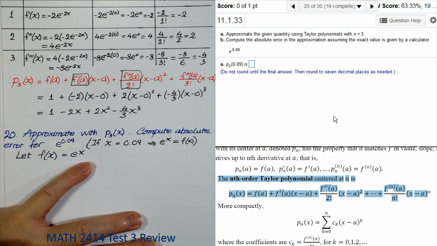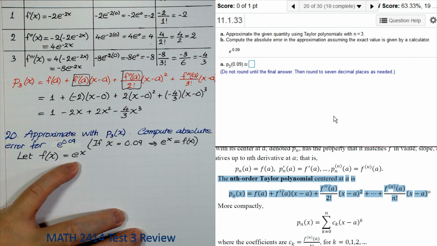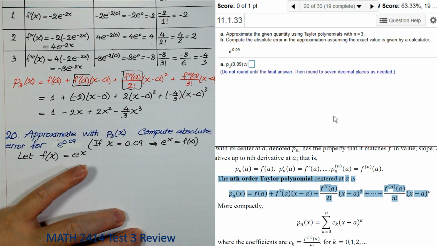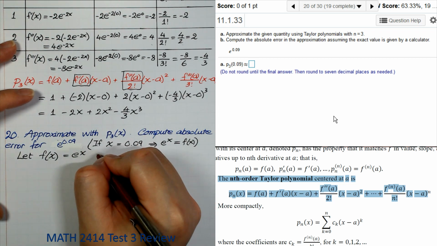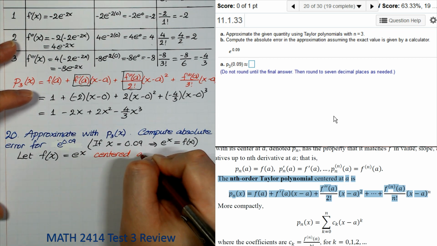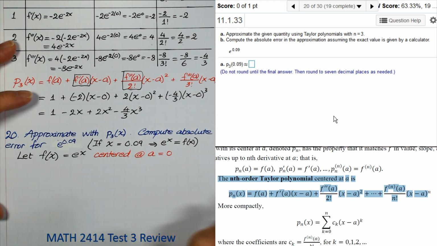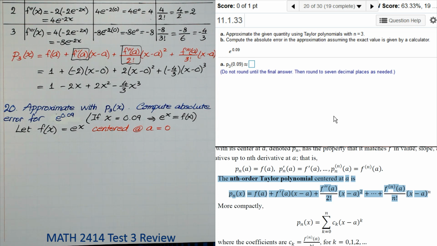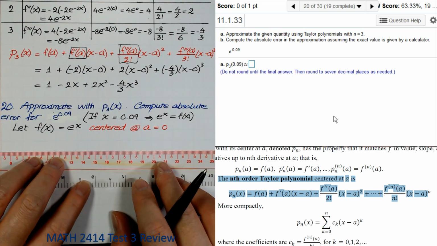Usually we choose something that is very easy to evaluate. And for e to the x, the only nice value it has is e to the 0 power equal to 1. So in this case, we choose the center at 0. Right. And I wish we had something to stamp that, because I don't want to have to draw that every single time.